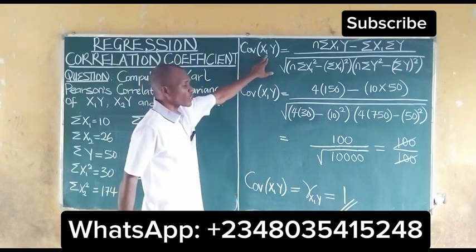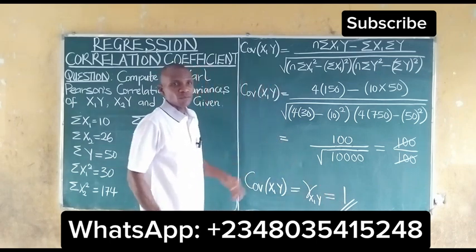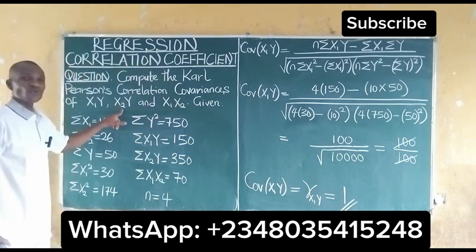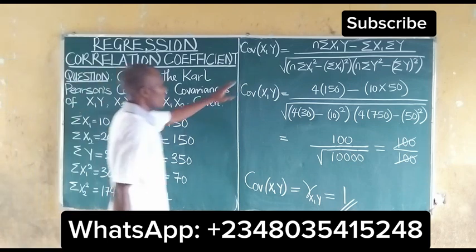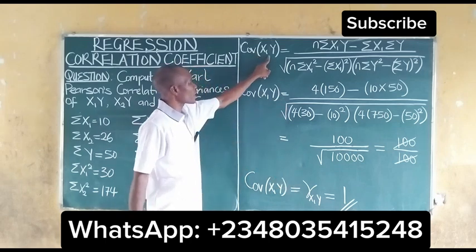So the covariance of x1y is equal to 1 for this. This is our answer for the covariance of x1y.